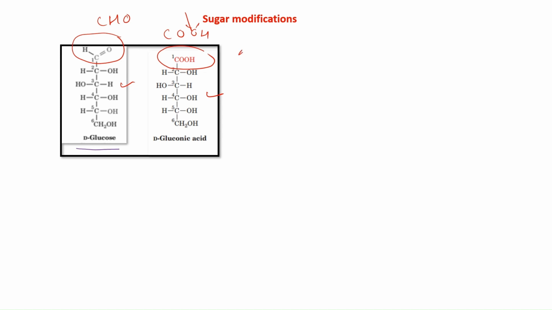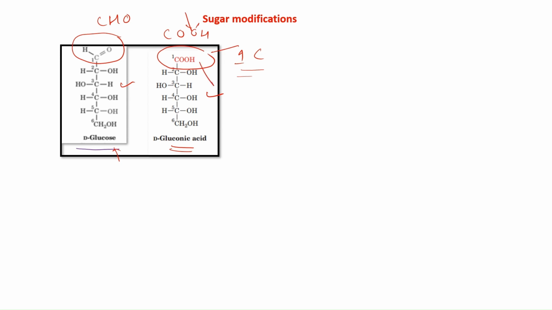Oxidation at first carbon. If oxidation happens at first carbon, it forms an acid because it is a carboxylic acid. Sugar converts into acid, and how? Glucose became gluconic acid. So glucose converted into gluconic acid by the oxidation of first carbon.